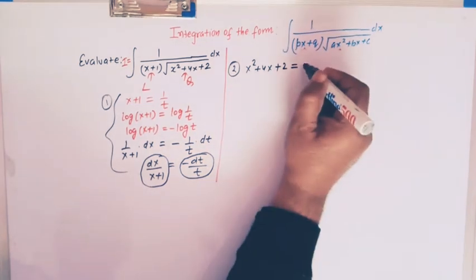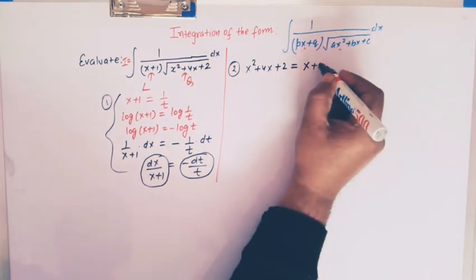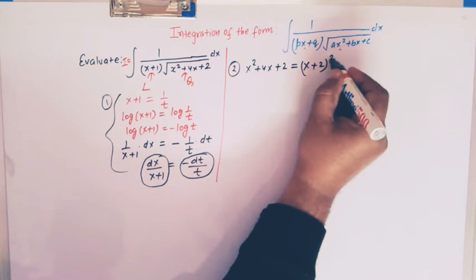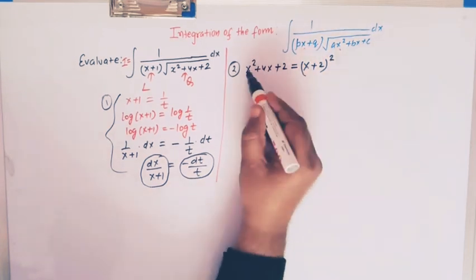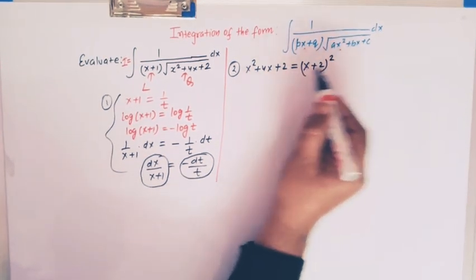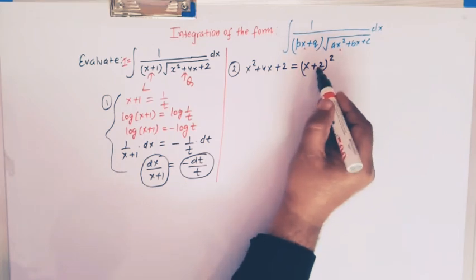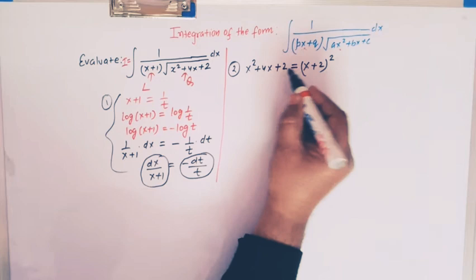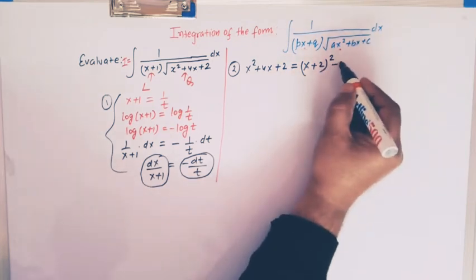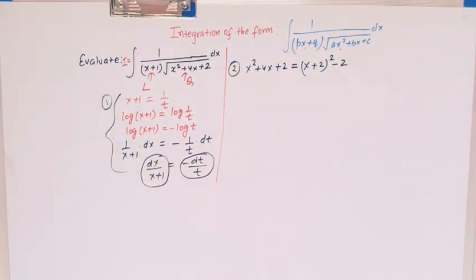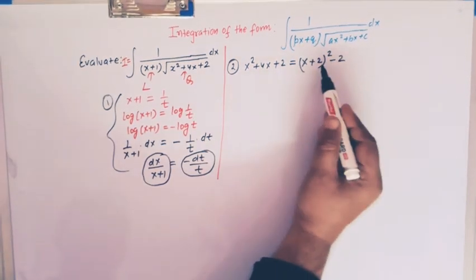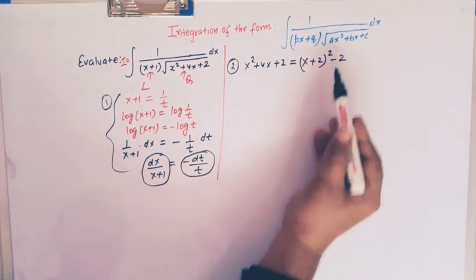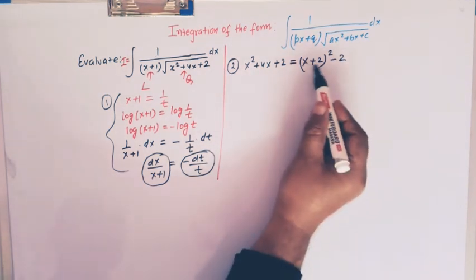So we can write it as (x plus 2) whole square, because we have x square, then 2 square is 4 and the 2ab term is 4x. Here we have 2 square, that is 4, so to compensate we have to subtract 2. So now we have (x plus 2) whole square minus 2.